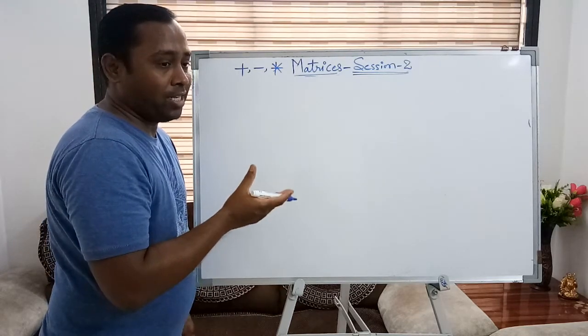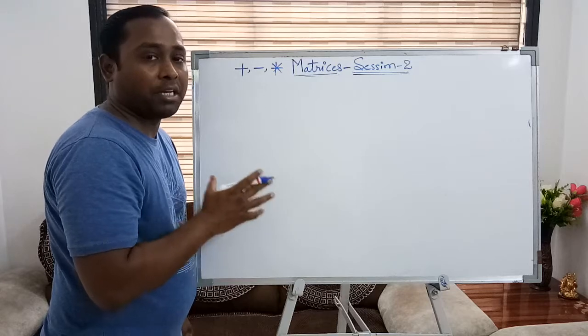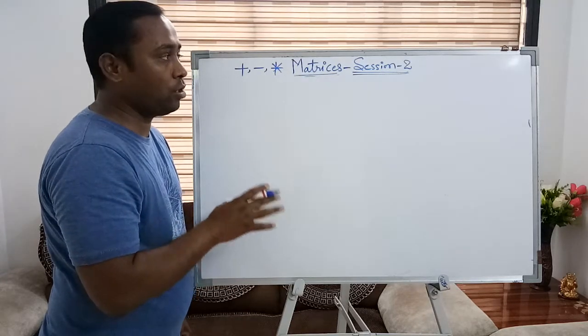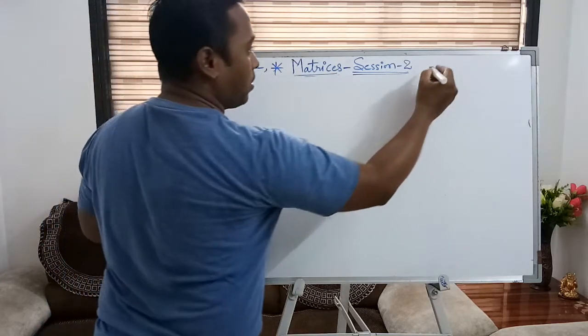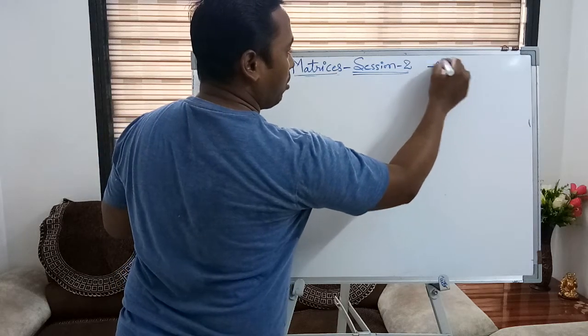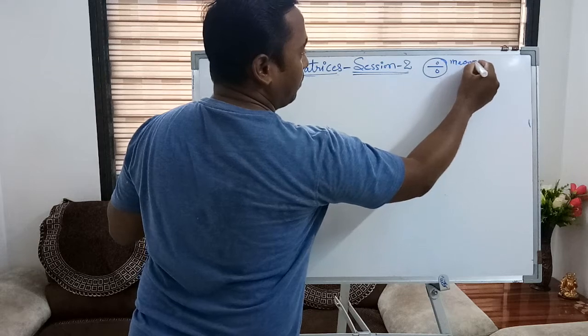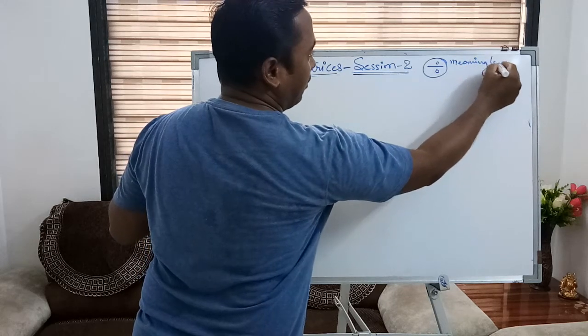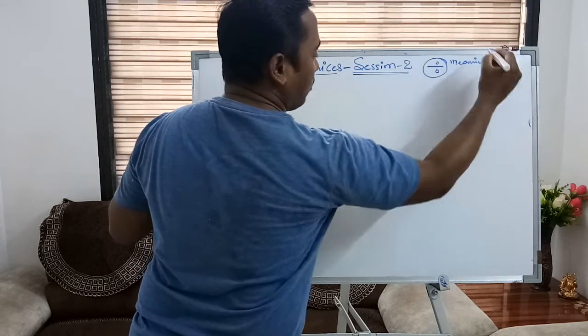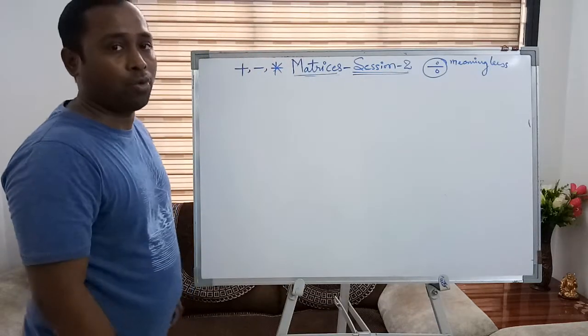So if one data is divided by other data, it's meaningless. That's why the division of matrices is not possible. Remember, division of matrices is meaningless. Okay, so division is never possible.